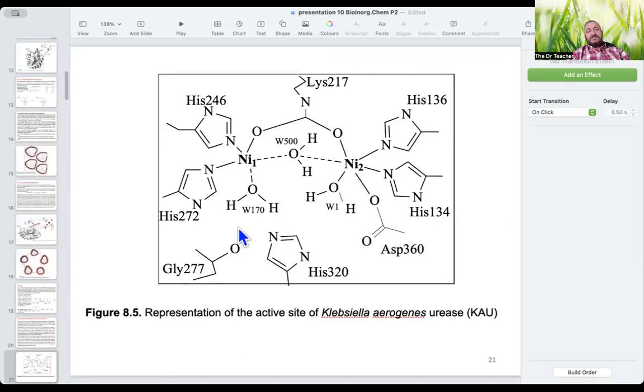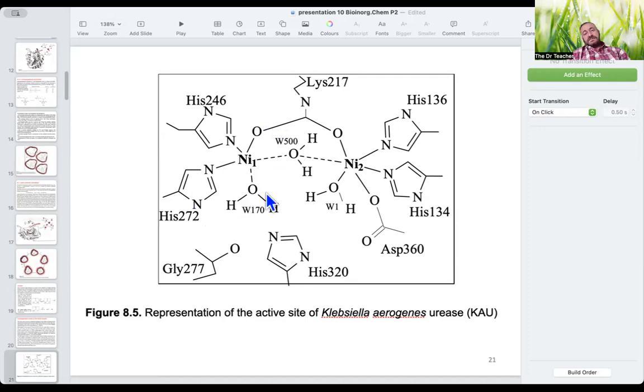And here, this is the active site of the urease, which contains two nickel sites, a bridging water, a bridging carboxylate, and there is a water molecule. Let's check each metal center. Every metal center is coordinated to 3 oxygen and 2 nitrogens.